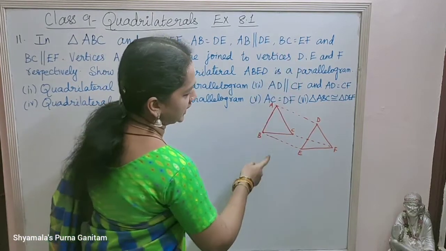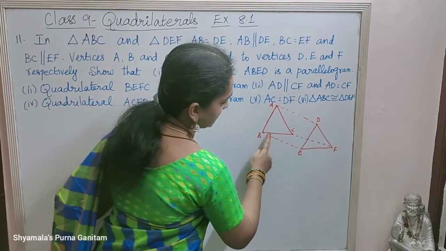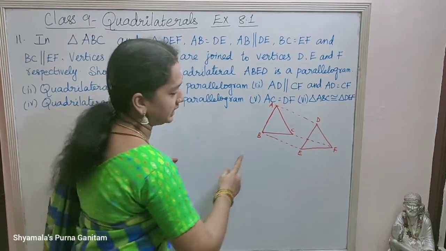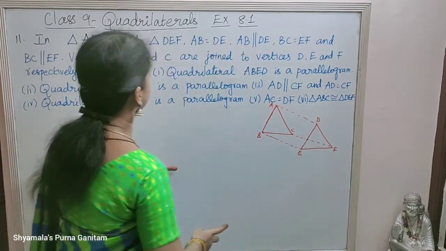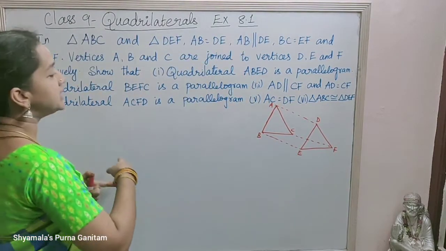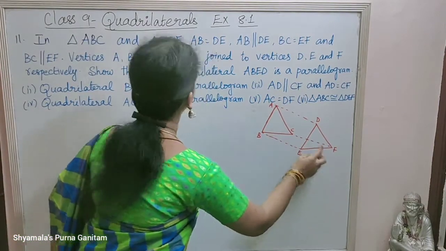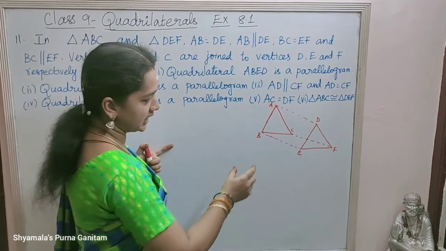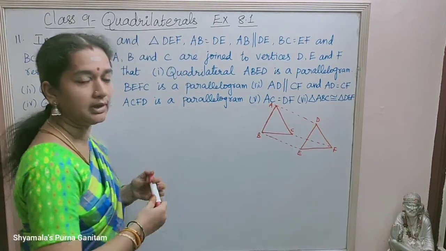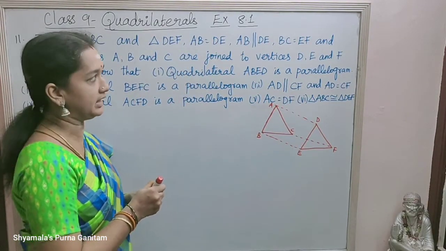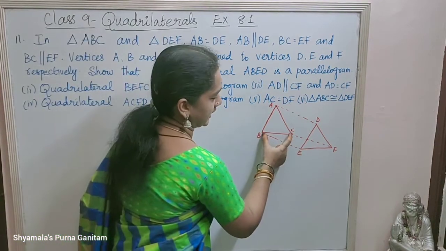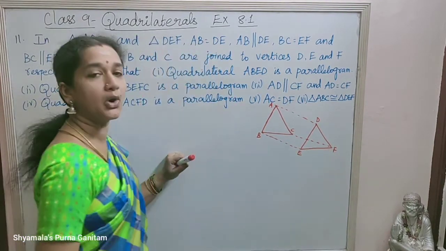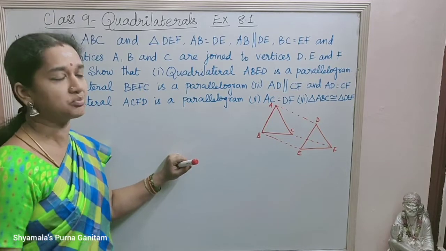BC is equal to EF, this side length BC is equal to EF, and BC parallel to EF. So AB is equal to DE. These two sides are parallel and equal. Same way, this side BC and EF are equal and also parallel.